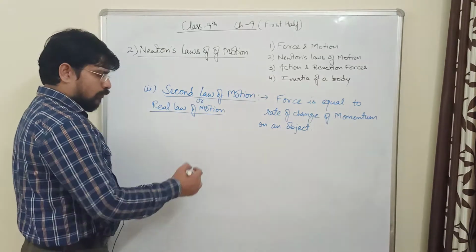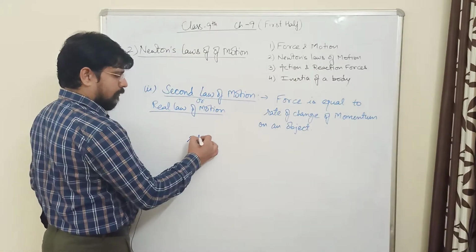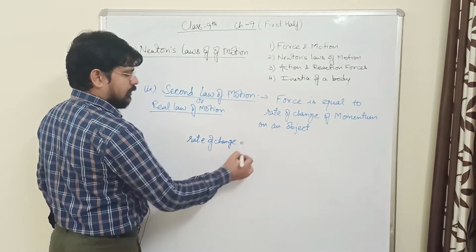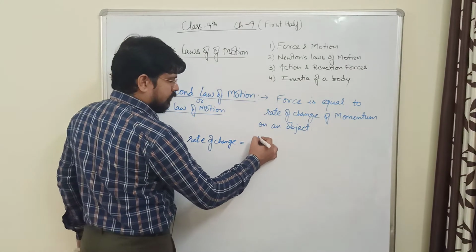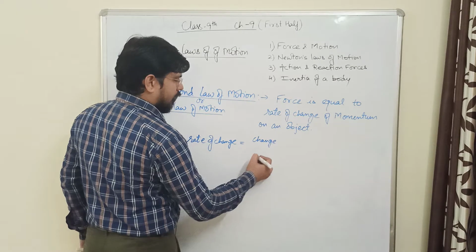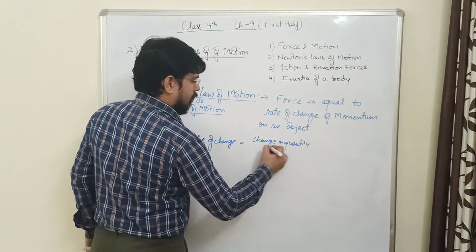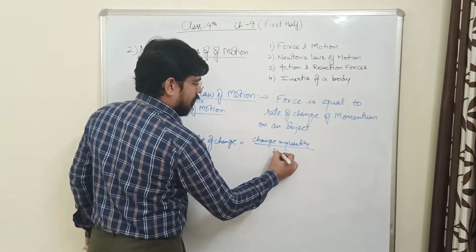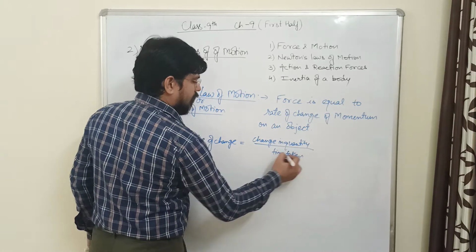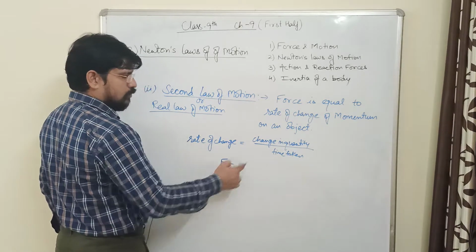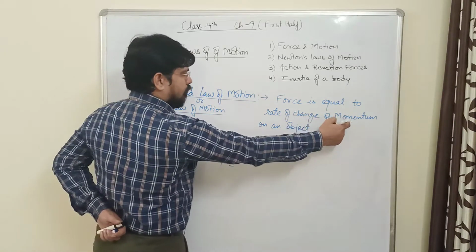So what do we understand by rate of change? Rate of change of any quantity is the change in that quantity divided by the time taken. In this case, the quantity is momentum.